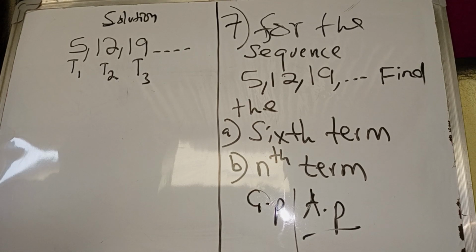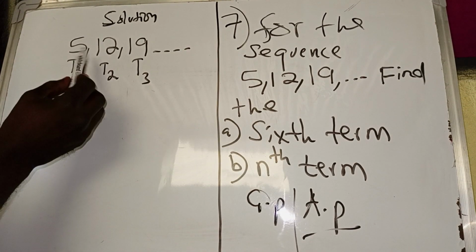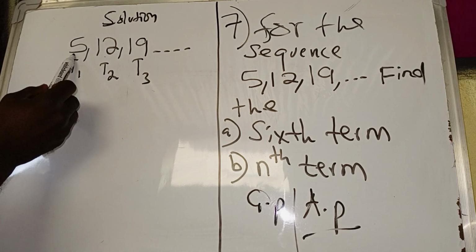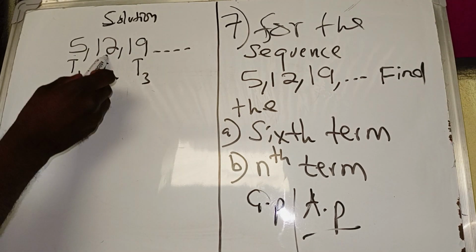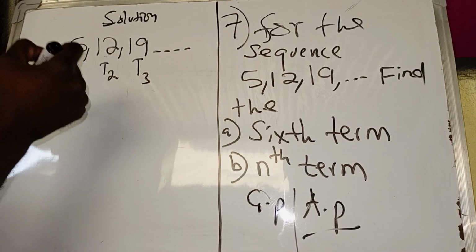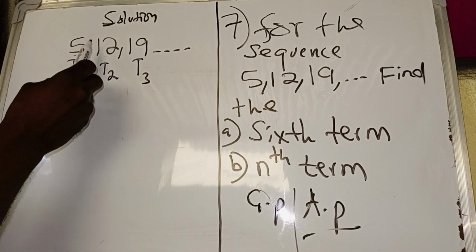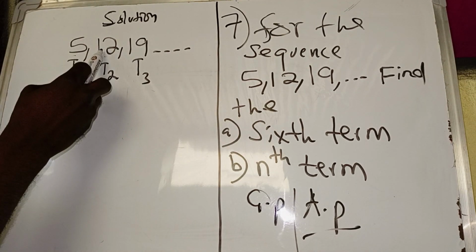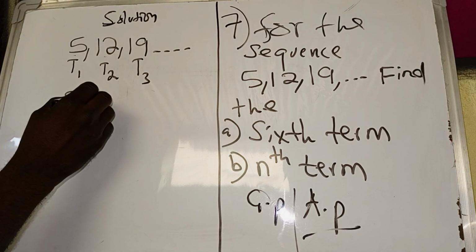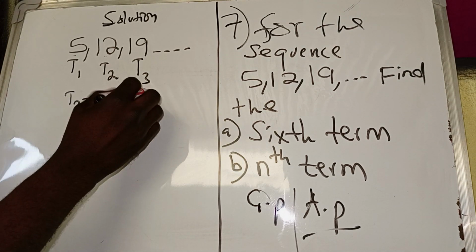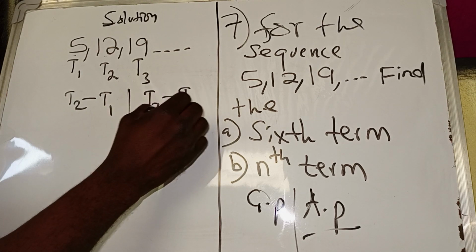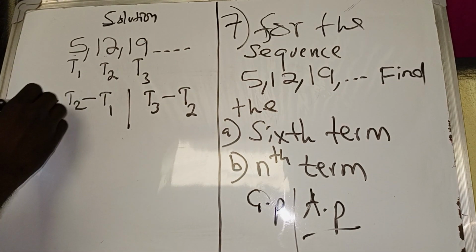The way we can tell is to subtract term 2 minus term 1, that is 12 minus 5, which is 7, or term 3 minus term 2. So let's check.